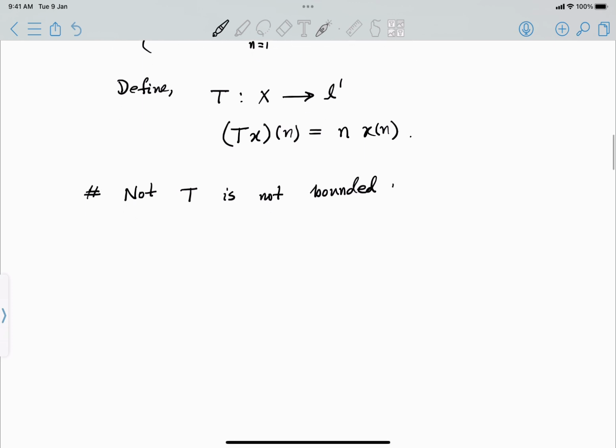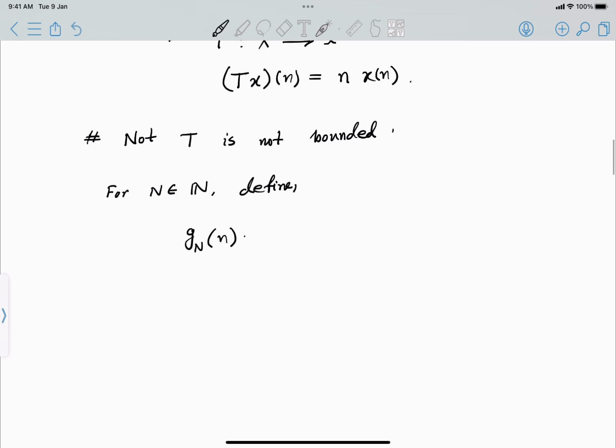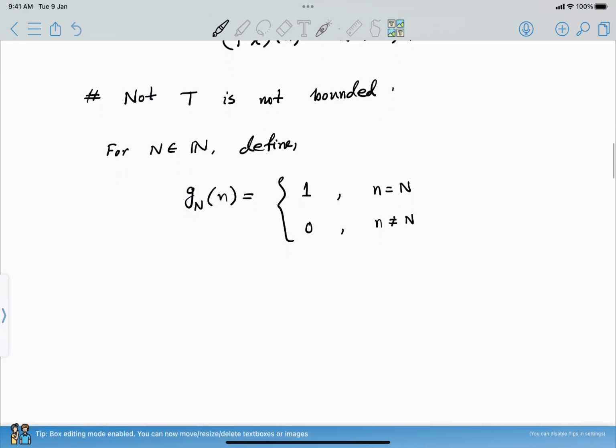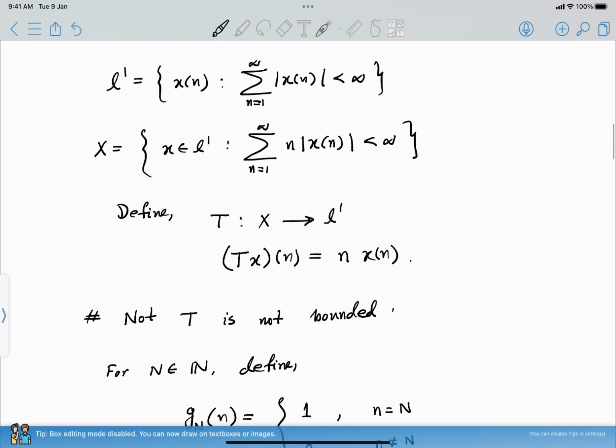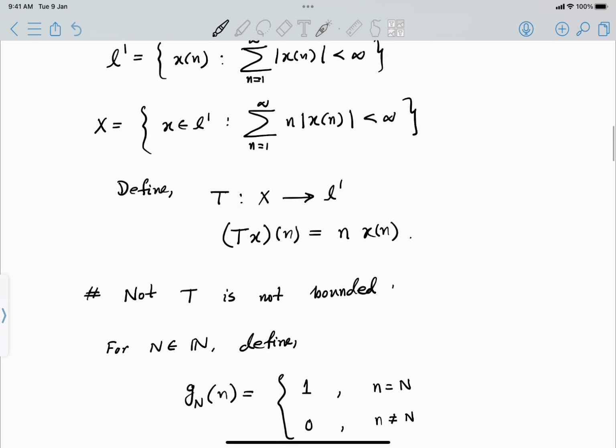Why? So first take a natural number N. Define a sequence gN, which at the point n is 1 if n equals capital N and 0 if n is not equal to capital N. Note that X is a subspace of L1, so there we are also using the L1 norm.